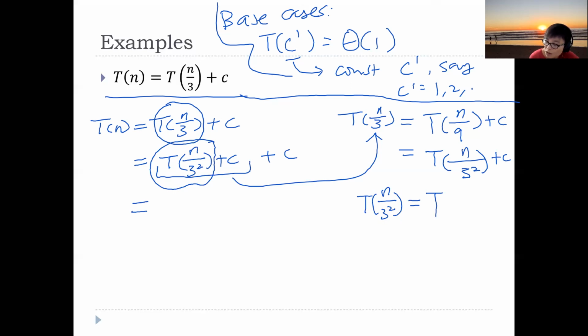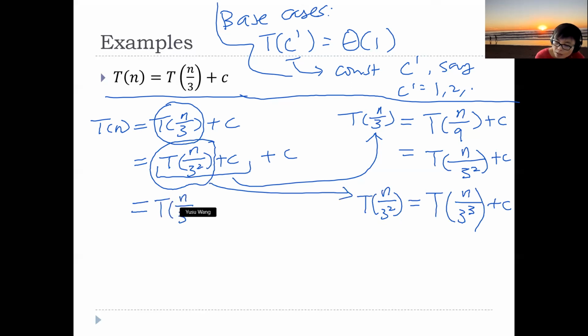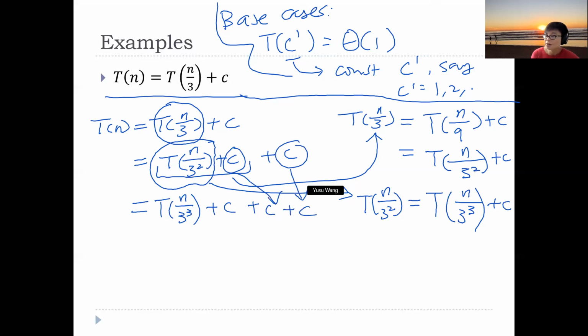So you already have 2, and if you divide by another factor of 3, we have 3 to the power of 3 now, plus c. So plugging in here, we have T of n over 3 cubed plus c. The c is here, and I also have the 2 old c's. They still need to come down. So now I have 3 c additive terms hanging there.